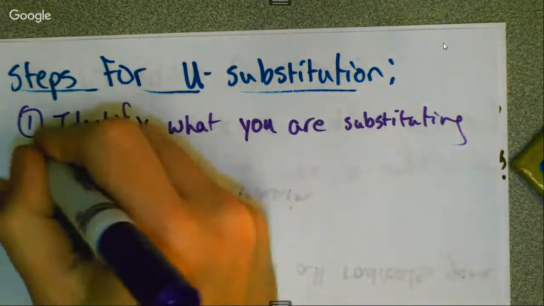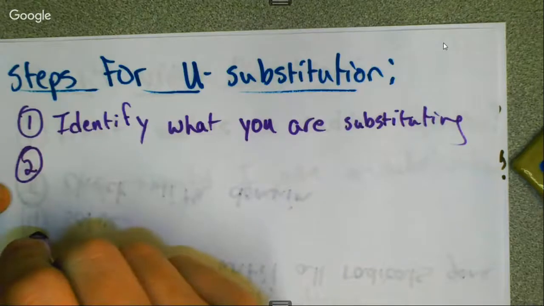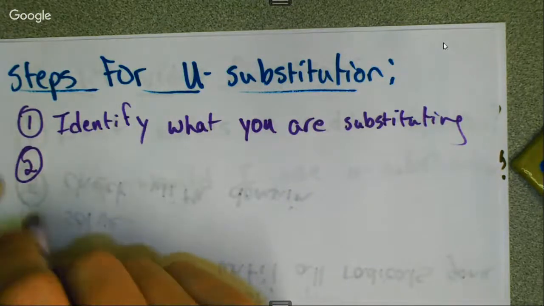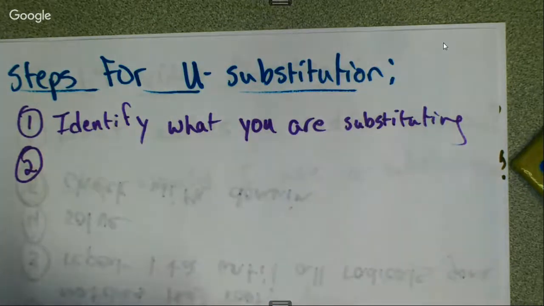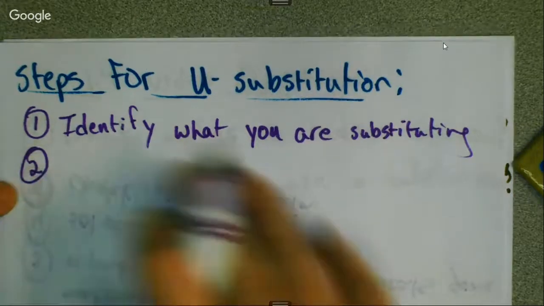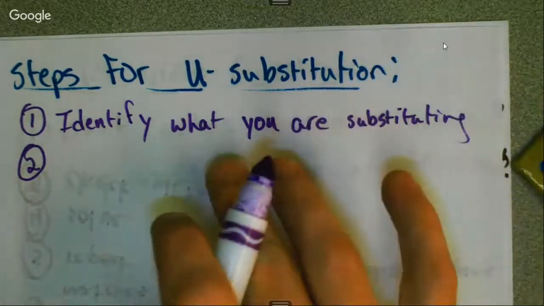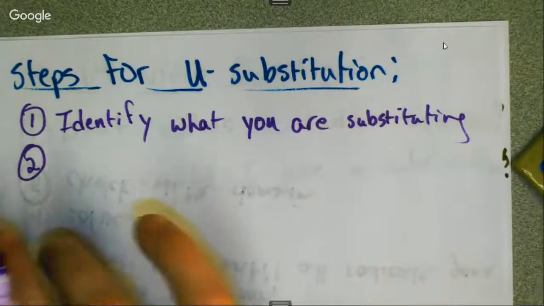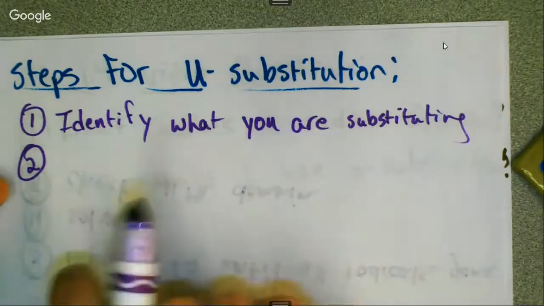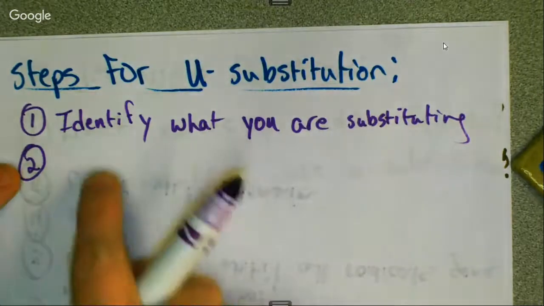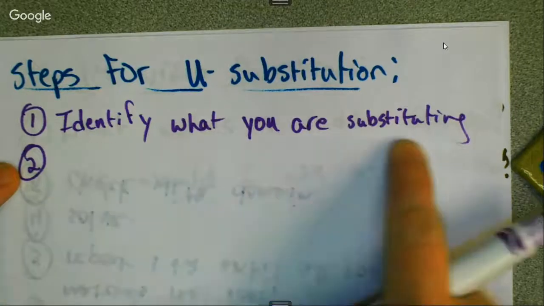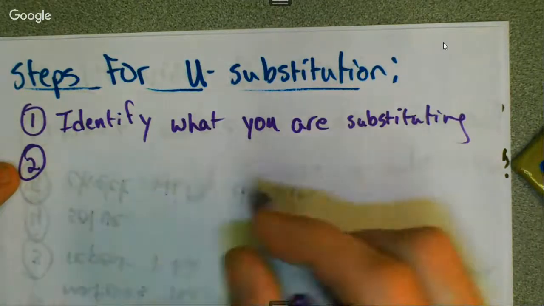Number 2, and this says transform the equation into a quadratic equation. Solve the quadratic equation. Okay, so this one in the book focuses on quadratic equations, but we don't have to do quadratic equations with u substitution. So we want to identify what you are substituting. That means put u in.